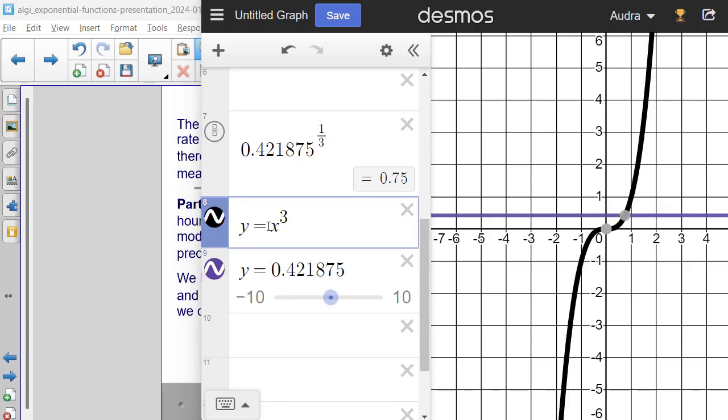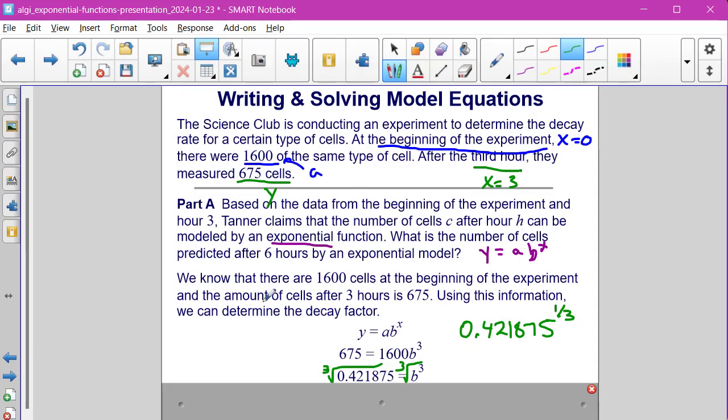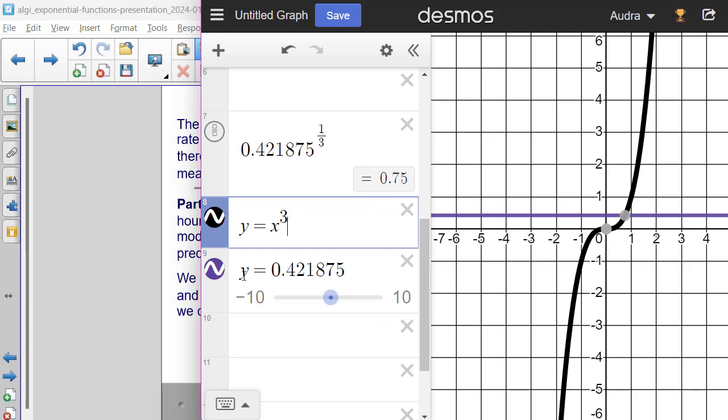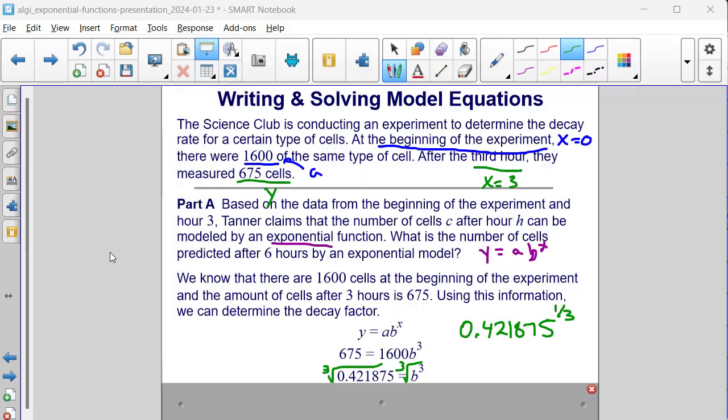One could also graph these two functions, because we had b cubed, or x cubed if we're doing it in a graphing calculator, and we can set that equal to 0.421875, and we can see the point of intersection is right here, and the x value for that point is 75/100 or 3/4.